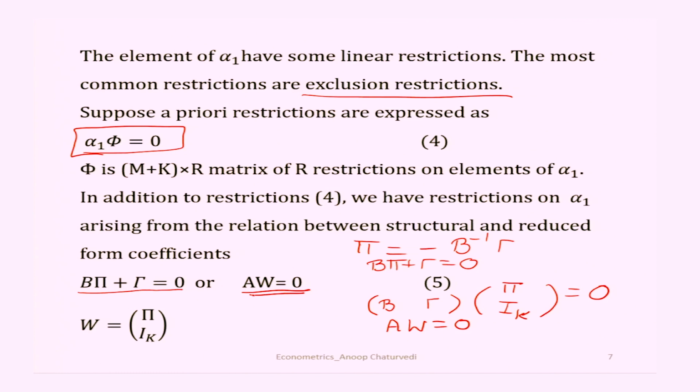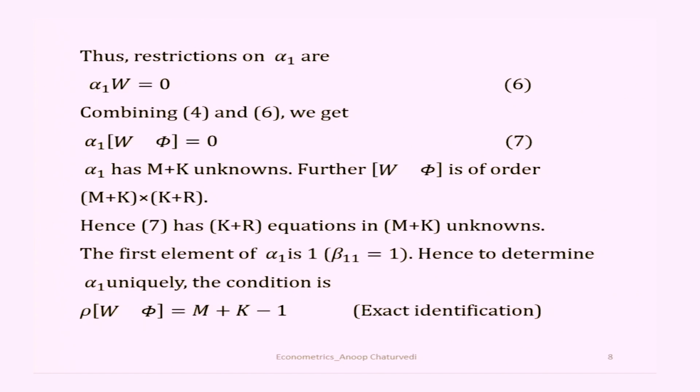So, these are the restrictions for all the coefficients, but we are mainly interested in the restrictions on alpha_1. So, restrictions on alpha_1 are alpha_1 W equal to 0. We take just the first row of A and then we multiply alpha_1 by W and put it equal to 0.